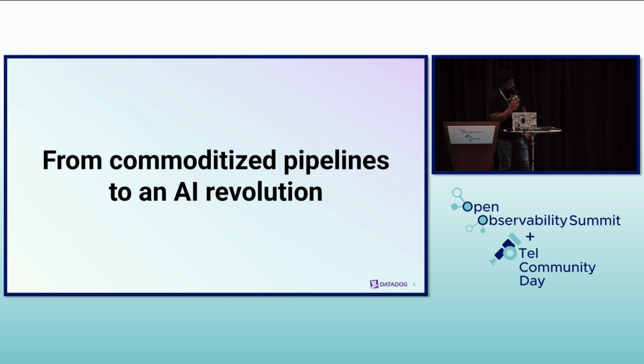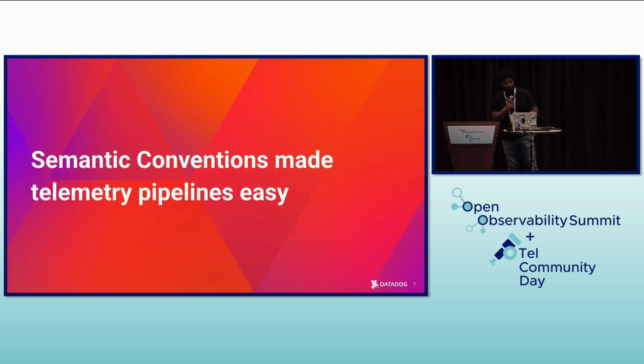So I mentioned before that everyone's moving up the value chain, but I think it's worth taking a little bit of time to talk about how that happened and where it's taking us. The how is commoditized pipelines, and the where is AI-driven observability. Specifically, semantic conventions made it really easy to build telemetry pipelines.